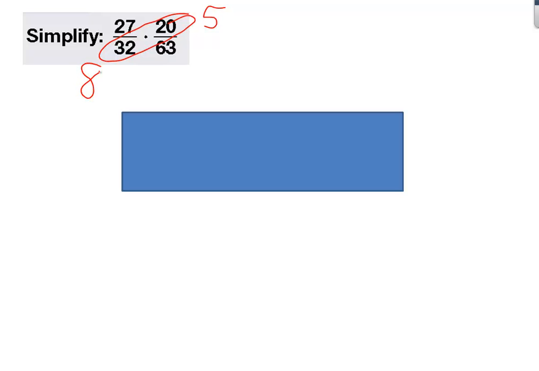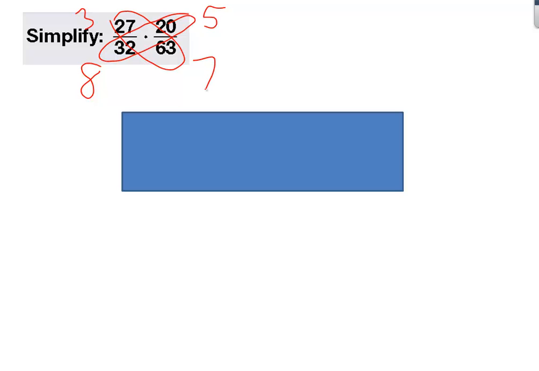Now, what goes into both 27 and 63? Let's see here. Just kind of go through your numbers. Does 1, does 2, does 3? Oh, 9, right? 9 would. 9 goes into 9. Let's go 9. 9 goes into 27 3 times, and 9 goes into 63 7 times.